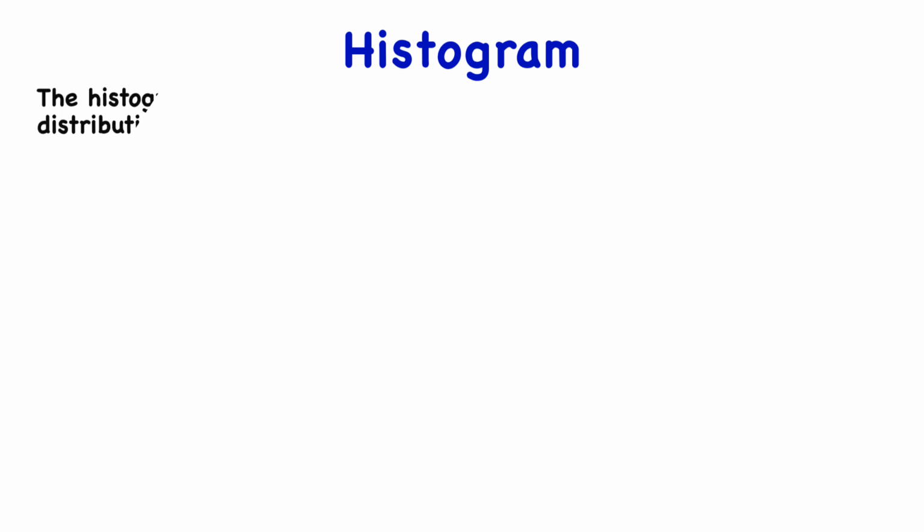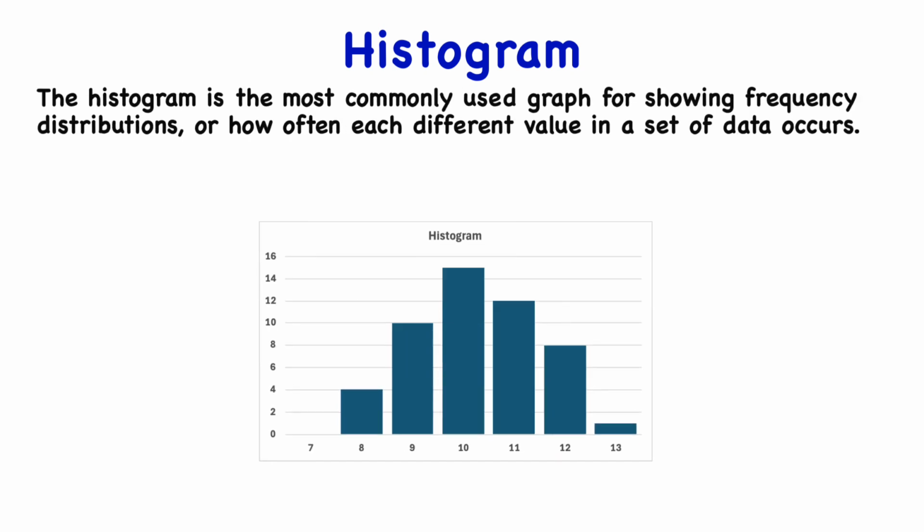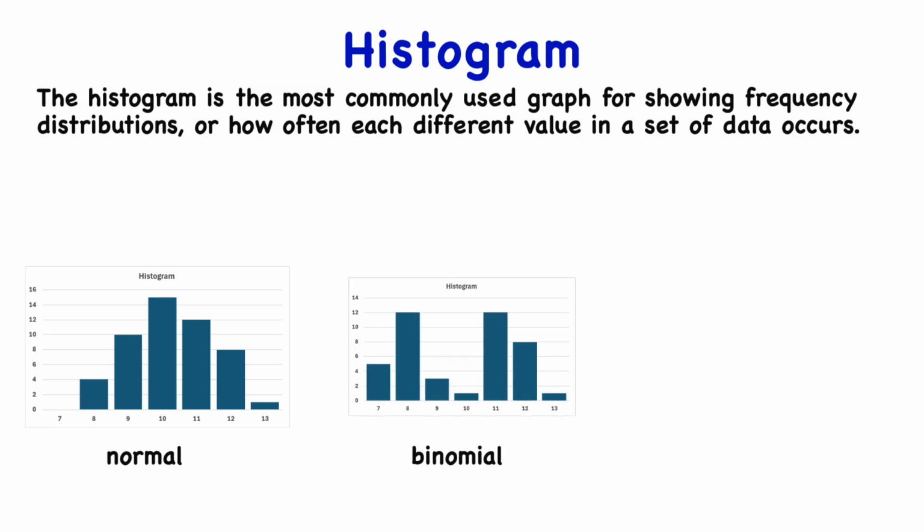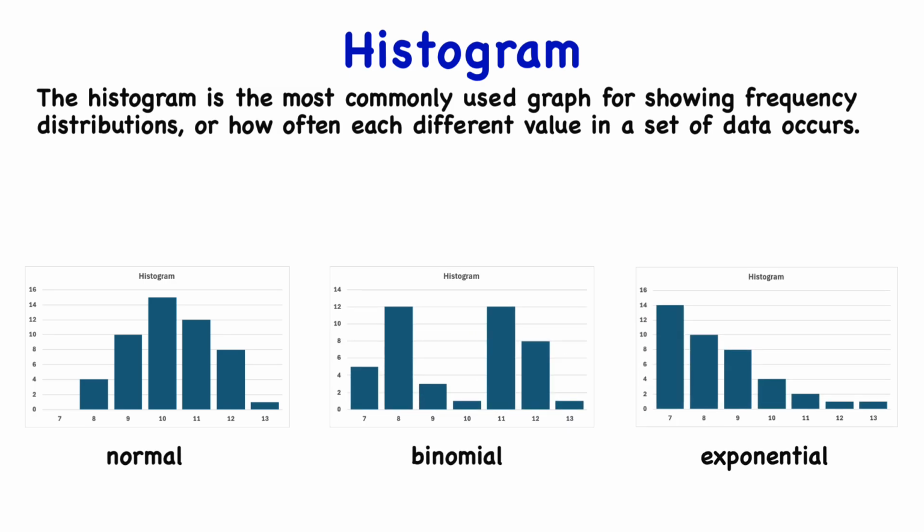Histogram. The histogram is the most commonly used graph to show frequency distributions, or how often each different value in a set of data occurs. This visual tool will help you to understand the level of variation of your process, as well as patterns in your data depending on the type of distribution you have: a normal distribution, binomial distribution, exponential distribution, and others.